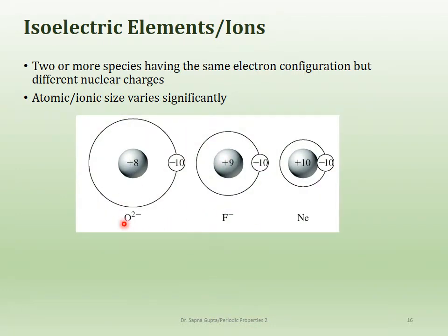For example, oxygen 2 minus, fluorine 1 minus, and neon: all of these three have the same number of electrons, which is 10. That's why they're called isoelectronic.